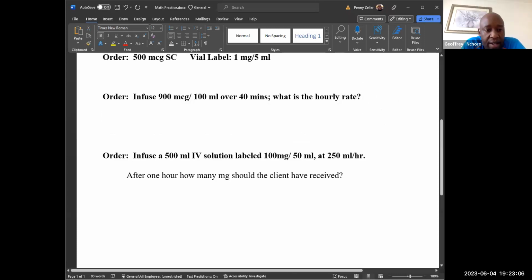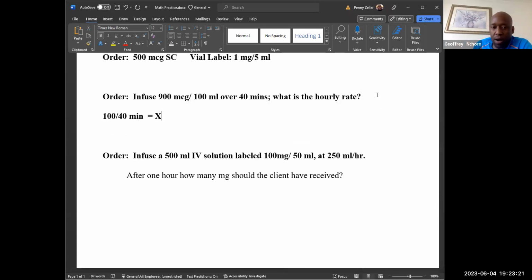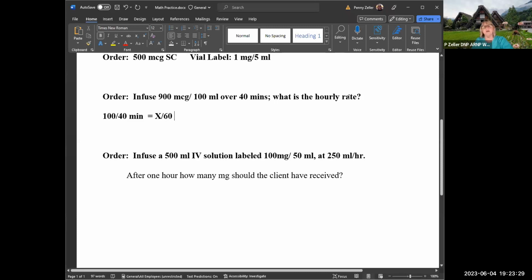For that one you divide 900 mcg, because it's in minutes, because 1 hour is equal to 60 minutes. So you multiply the 40 minutes into 1 hour times 60 divided by 900. No, we don't need to do anything with 900.